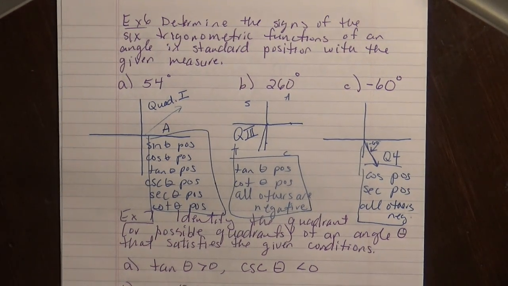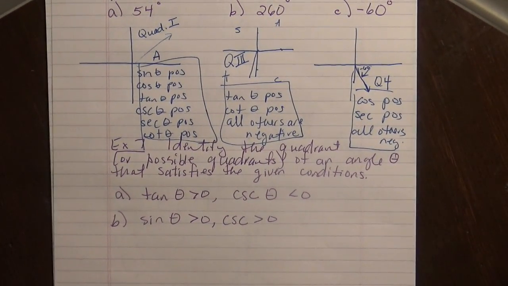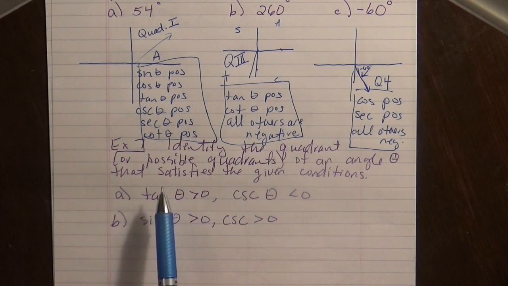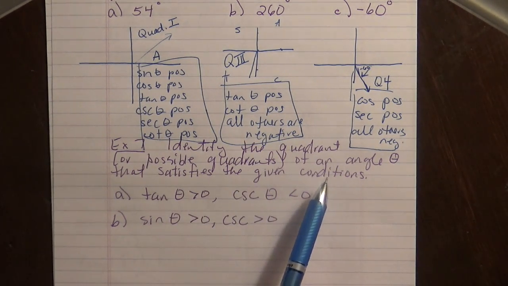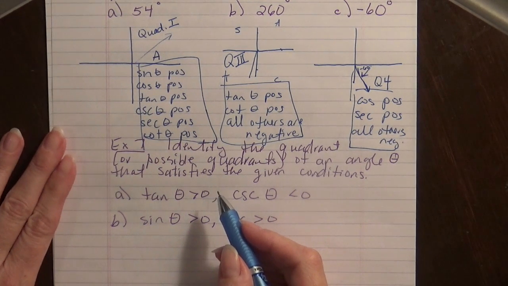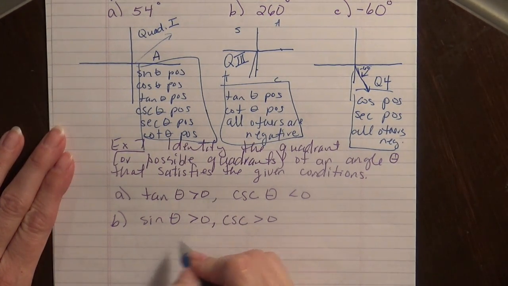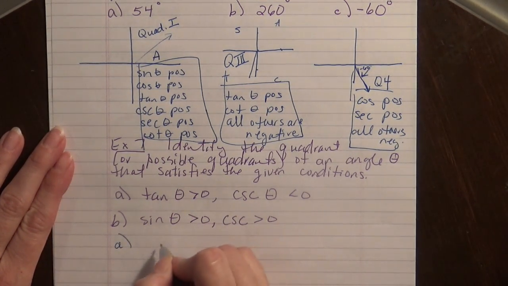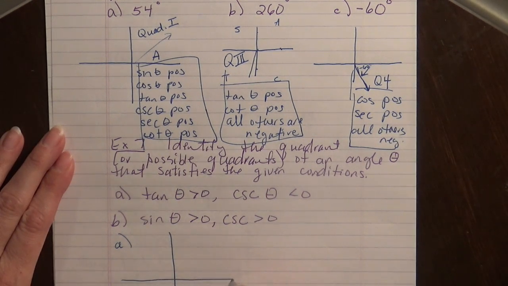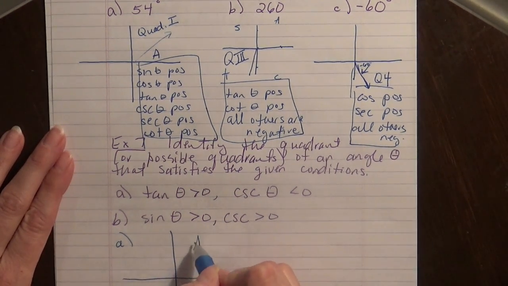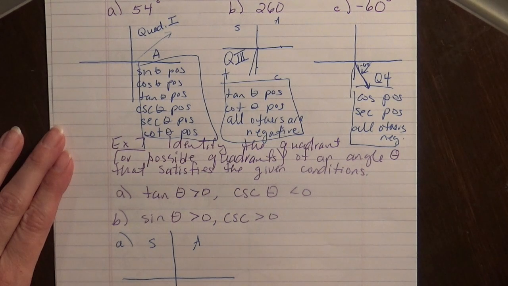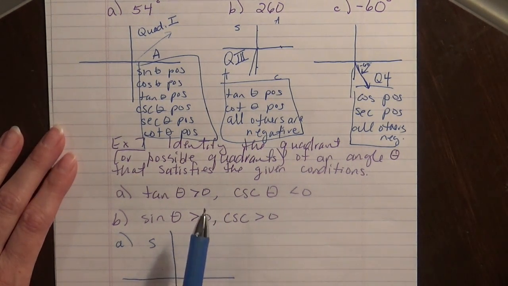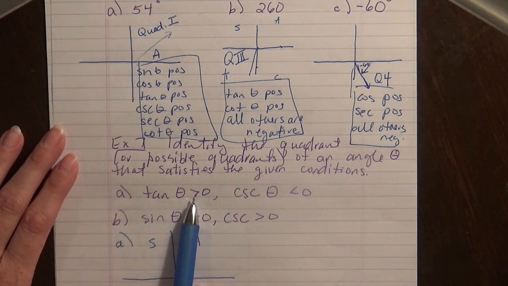Example 7, let's look at it. Identify the quadrant or possible quadrants of an angle theta that satisfies the given conditions. I think all silver teacups is going to help us with this. In part A, I'm going to go ahead and draw it. In part A, we're told that the tangent is positive.